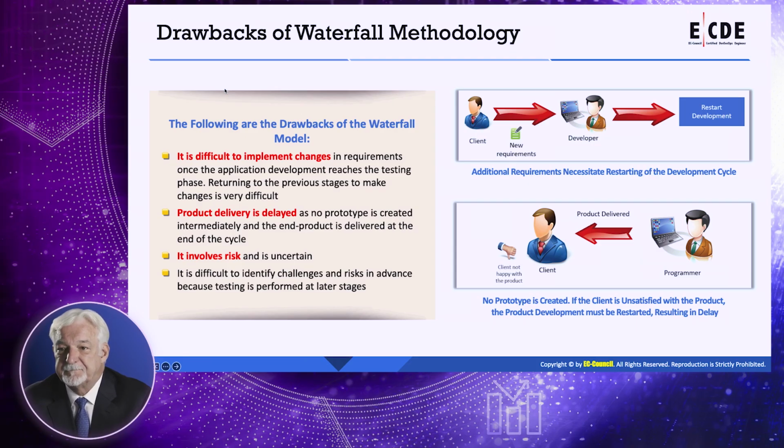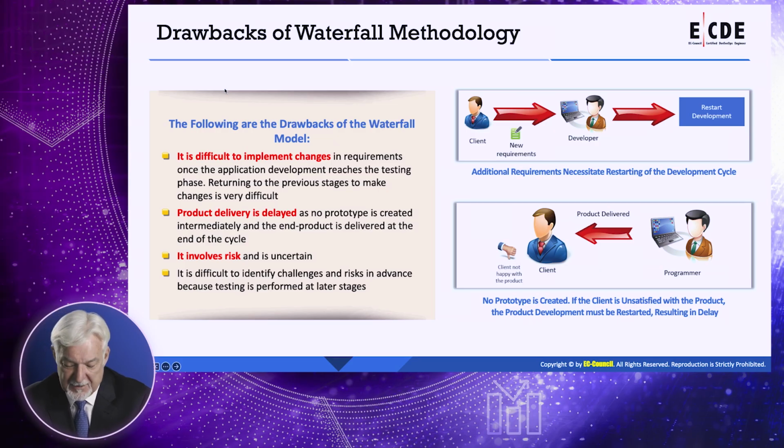So basically, on the right, you see that additional requirements necessitate restarting of the development cycle, and I've seen this happen. A large web development effort at a company, they asked me to evaluate the security in it. I came in, and they were at the very final stages.